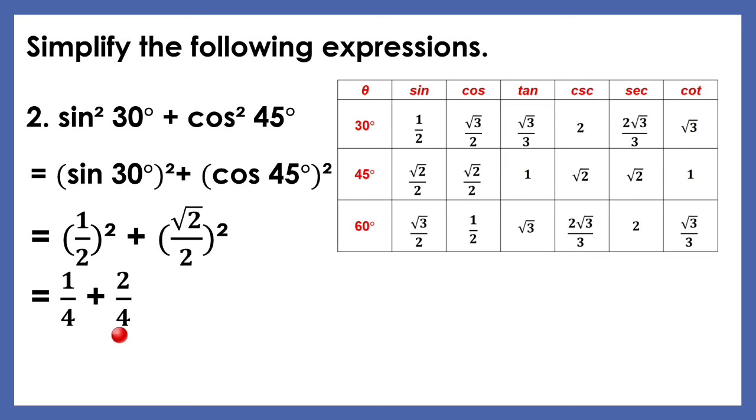Then, the same denominator, parehas ang kanilang denominator, the same fraction. I-add natin yung numerator, then copy the denominator. 1 plus 2 is 3, and then denominator is 4. So, the answer is 3/4.